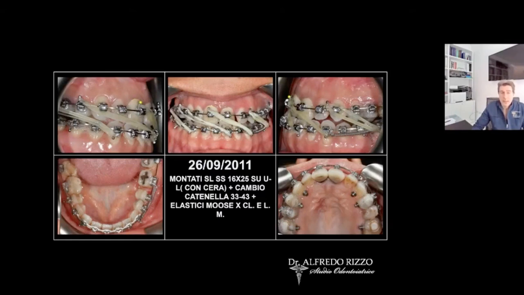I have used class 2 elastics on the left and class 3 elastics on the right, as well as central midline elastics, because we have almost 4 millimeters of malposition. Everything of these must be used. Here we have stainless steel arch wire, which are perfect in order to achieve the movement of the teeth, in order to achieve midline alignment.